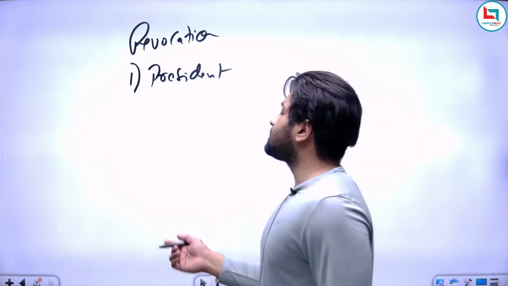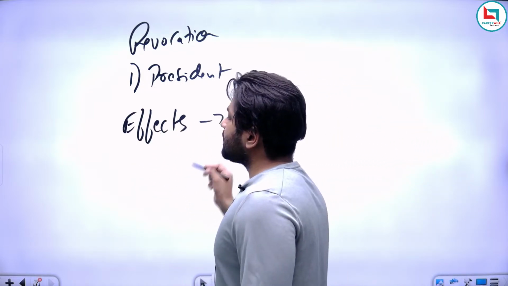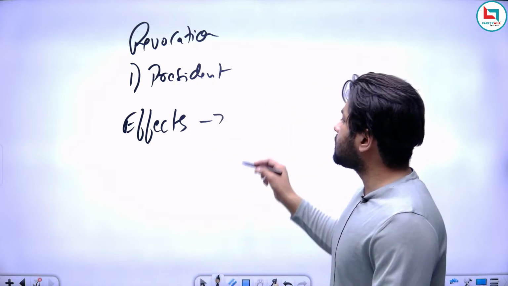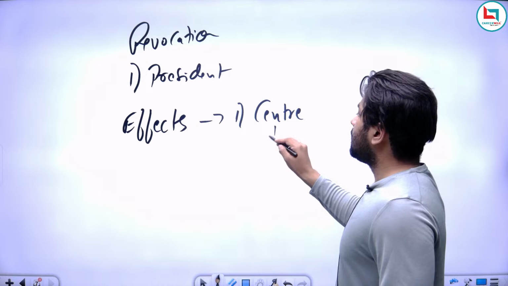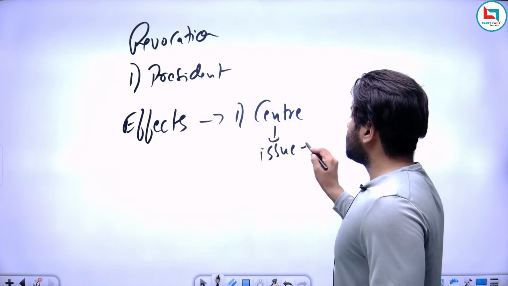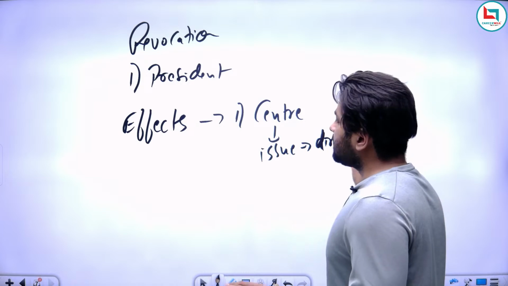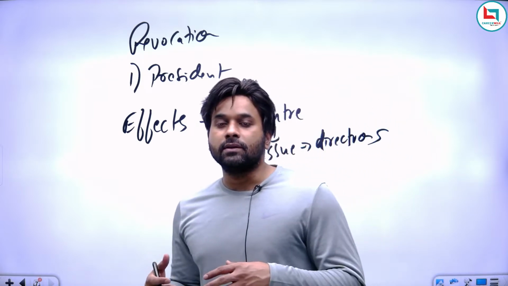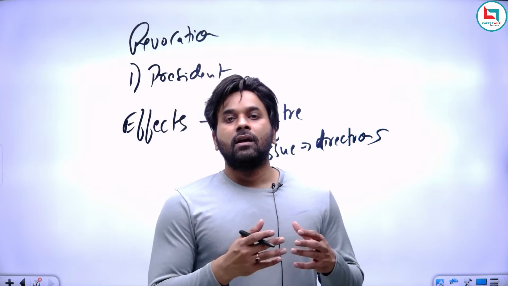And after this, we can start with the effect of financial emergency. What will be the effects of financial emergency? The first effect of financial emergency will be that the center can issue directions. In simple words, during financial emergency, all the financial matters of the states are dealt by the center.